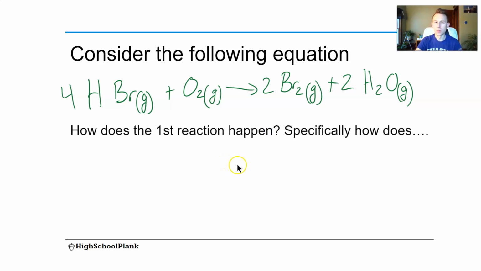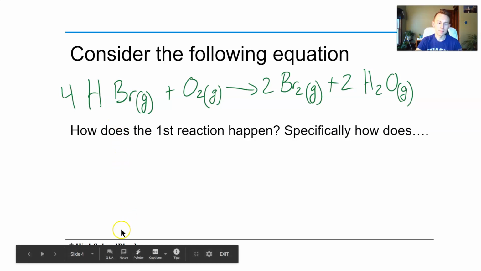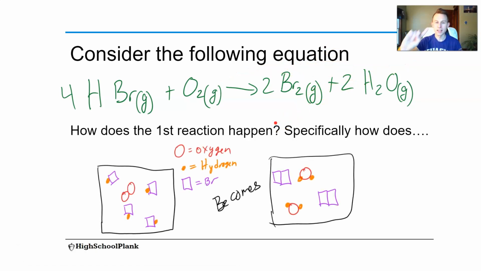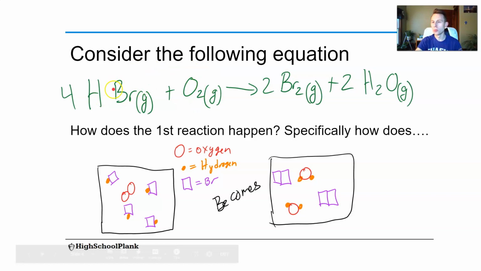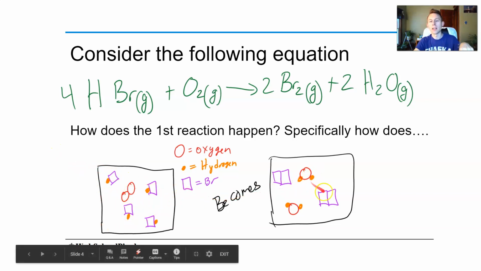So when you're thinking about this, how does hydrogen bromide, or hydrobromic acid, actually react with oxygen gas to give us these products? Specifically, how does what's on the left here become that? Because it's really not just 2 molecules that are reacting here, right? It's a total of 5 molecules, if we think about it in terms of one reaction occurring. How do these 5 molecules become these 4 molecules?